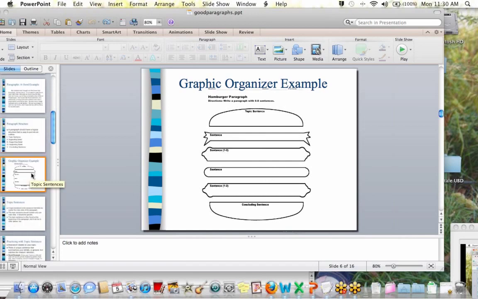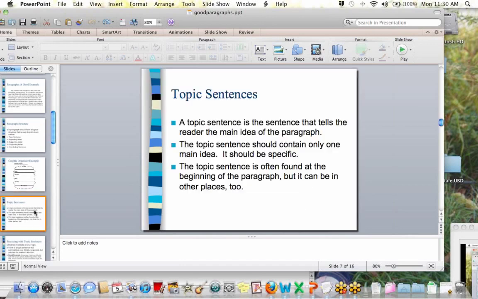Now, let's start with topic sentences because that's the top of the bun. A topic sentence is a sentence that tells the reader the main idea. It should only contain one main idea.